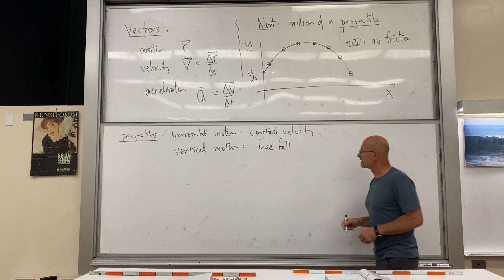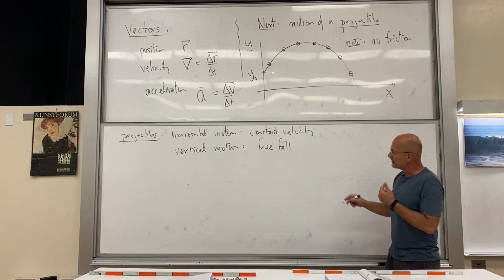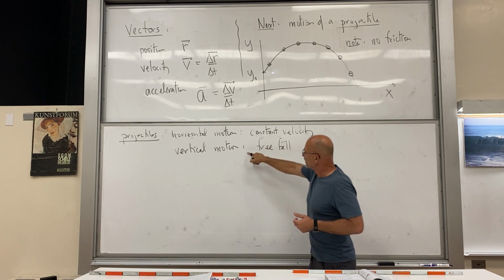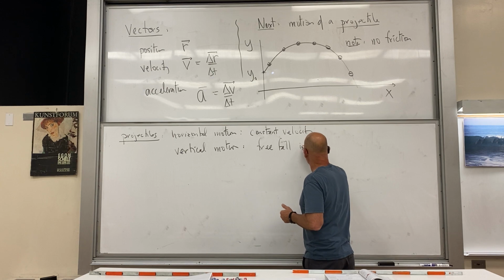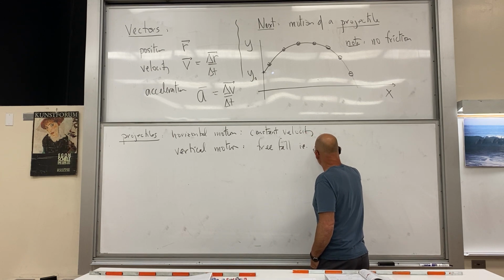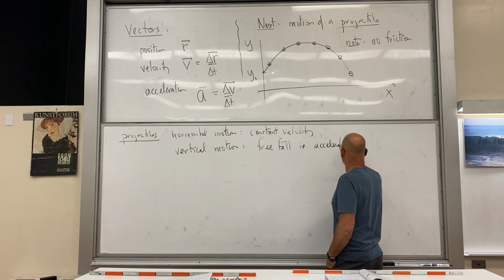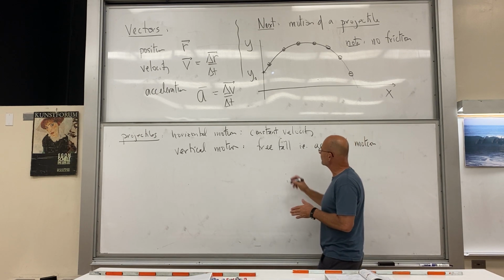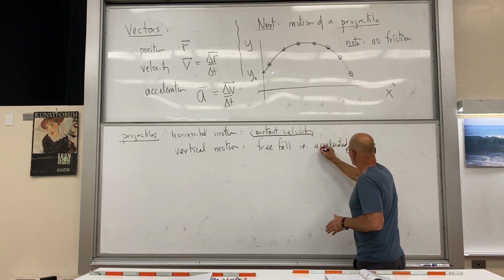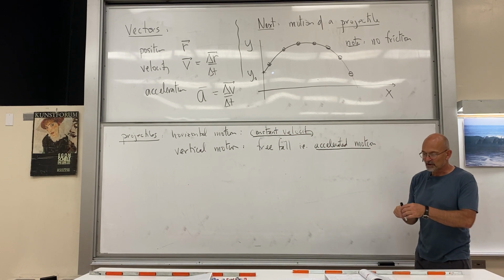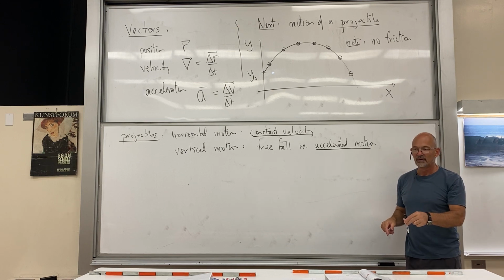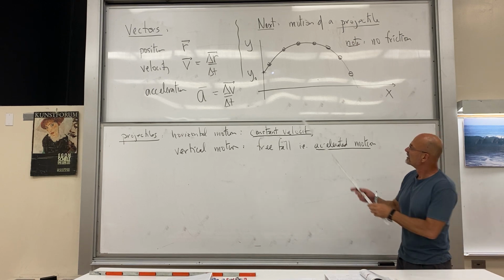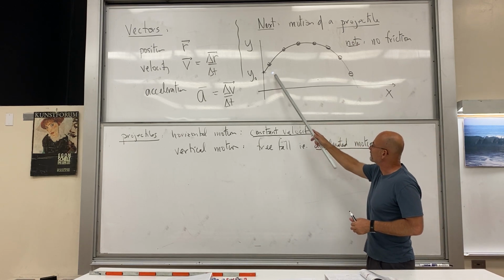So motion with constant velocity in the horizontal and free fall motion in the vertical. Free fall, i.e. accelerated motion. The reason we have these two different types of motion is because the gravitational acceleration points down. So if I throw something horizontally, or if I throw something at an angle, it has what's called a horizontal and a vertical component.